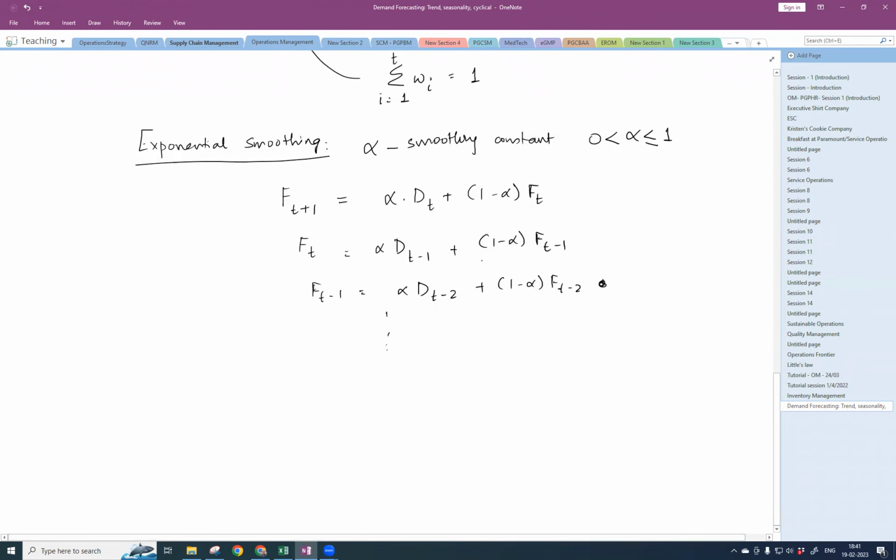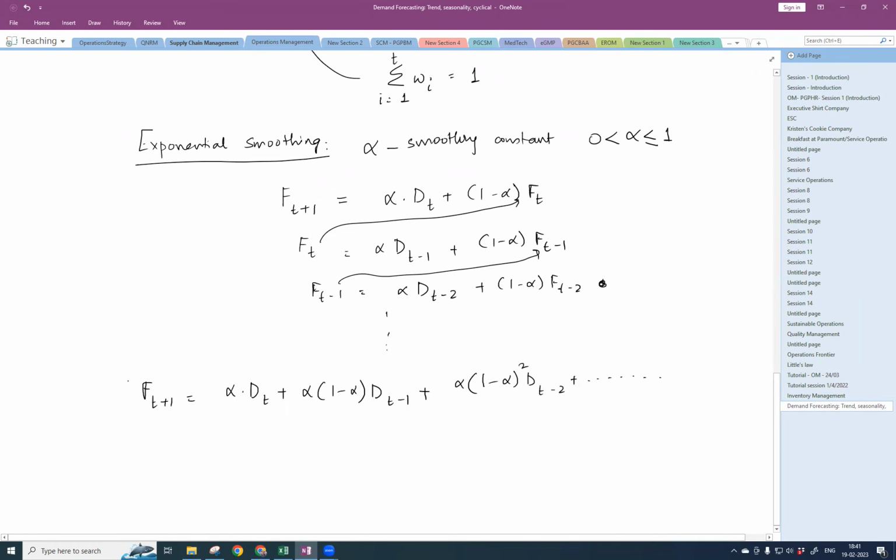Now, if I substitute this value over here and this value over here, the equation ft plus 1 would become, this is the longer formula that we have discussed in class, alpha dt plus alpha into 1 minus alpha dt minus 1 plus alpha into 1 minus alpha square dt minus 2, and so on, right?